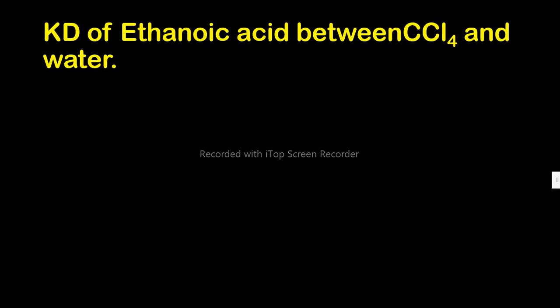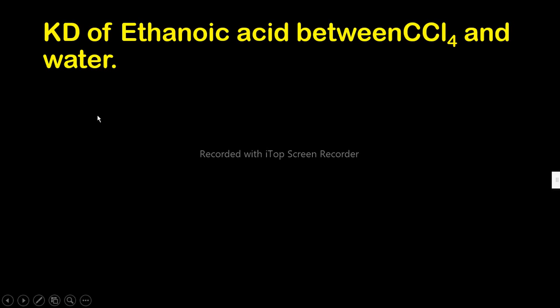So in today's lesson, we are going to proceed from where we stopped, where we shall determine the Kd of ethanoic acid between tetrachloromethane and water, where the ethanoic acid becomes a solute that will dissolve in both the tetrachloromethane and water.